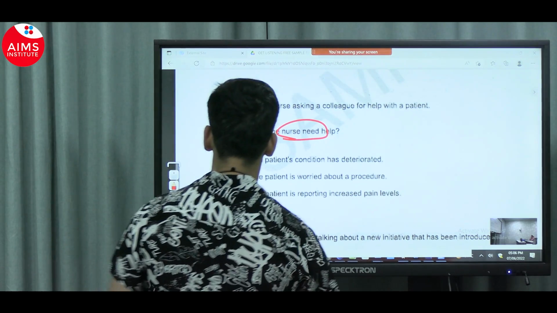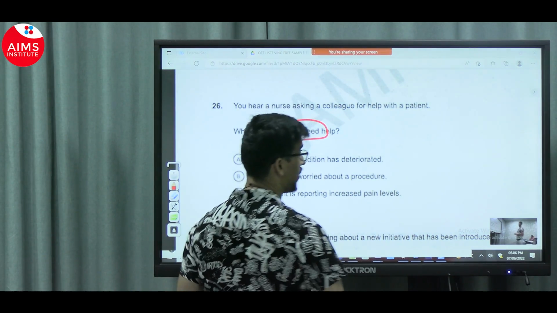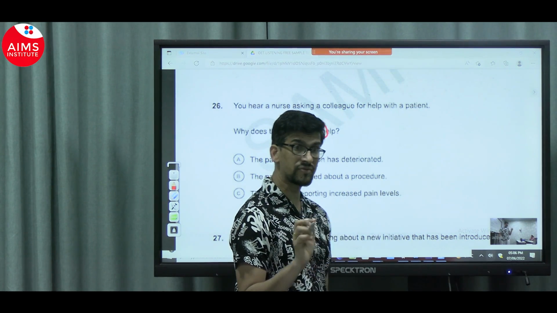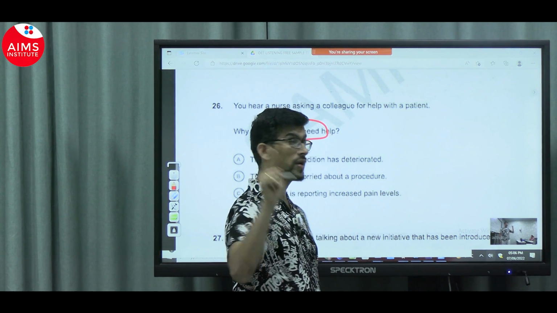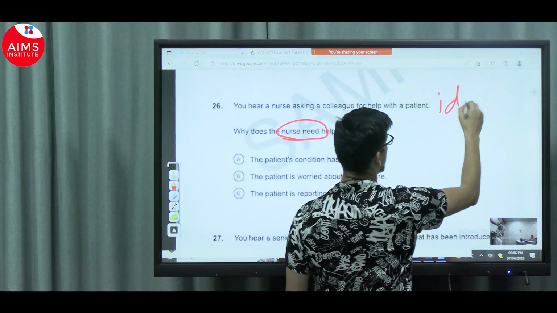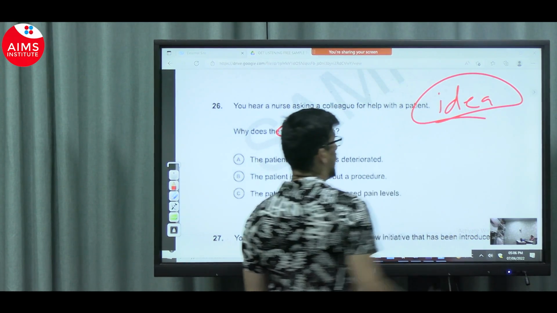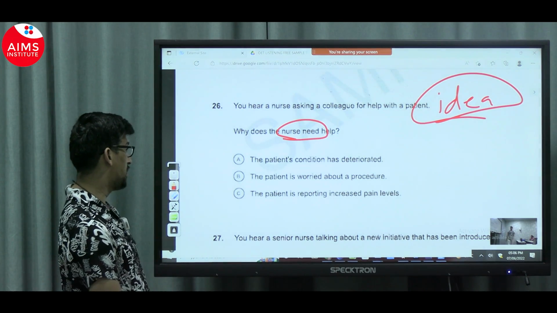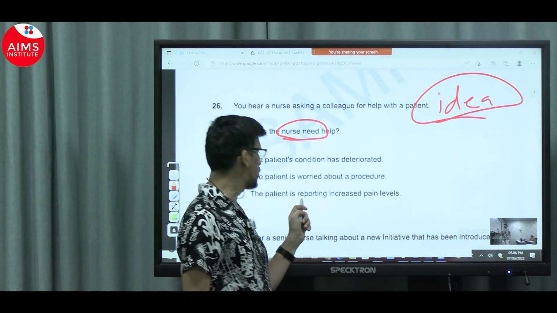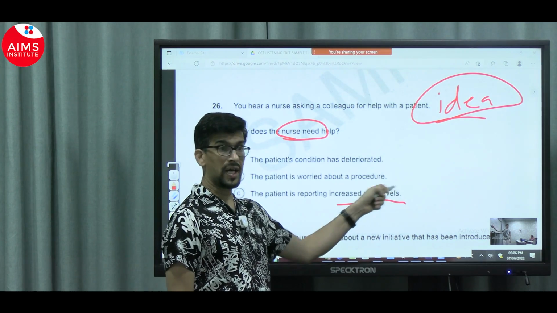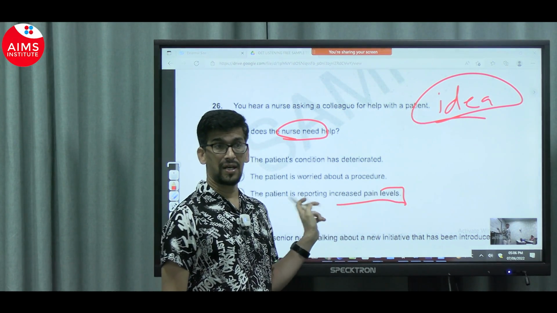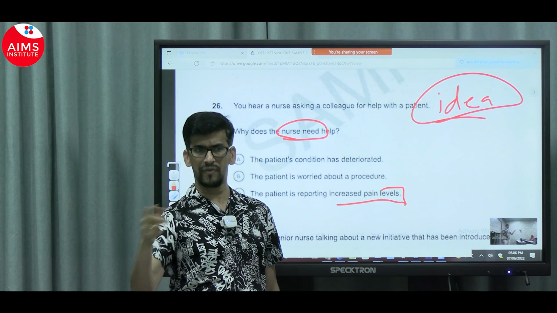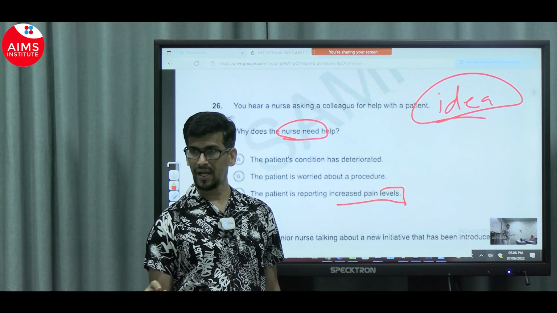In listening question papers, I will always use this phrase: never go behind English words. Instead, look for the idea. "I think I can manage it." For example, pain. "Patient is reporting increased pain levels, and I've contacted the surgeon and he has prescribed so and so painkiller, which I will bring now immediately."